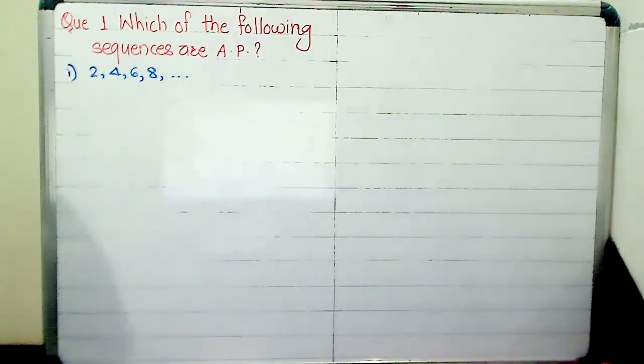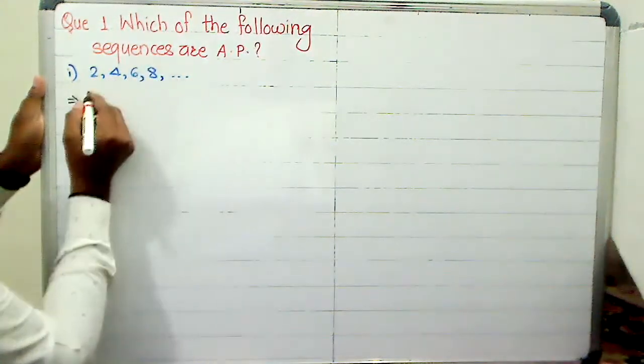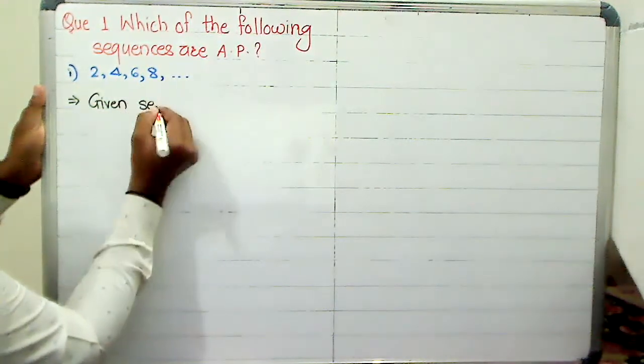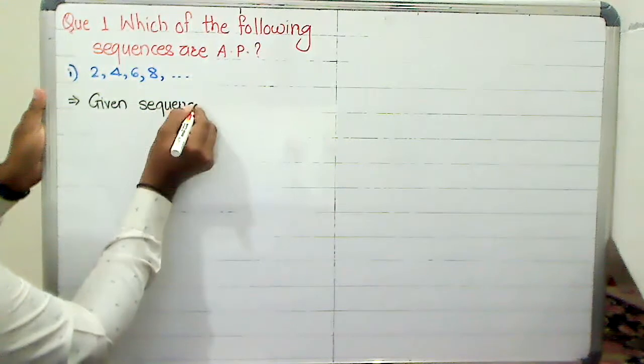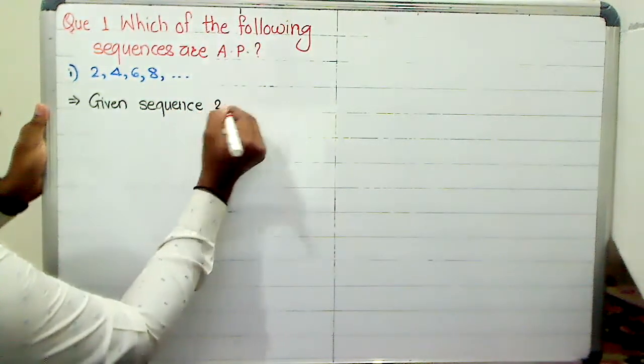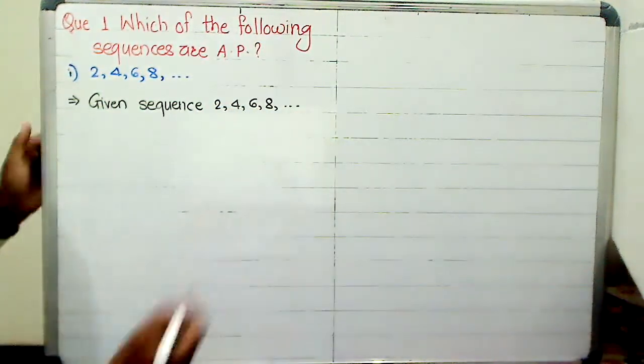So how do we solve such types of examples? First of all, you should write the given sequence: 2, 4, 6, 8 and so on.